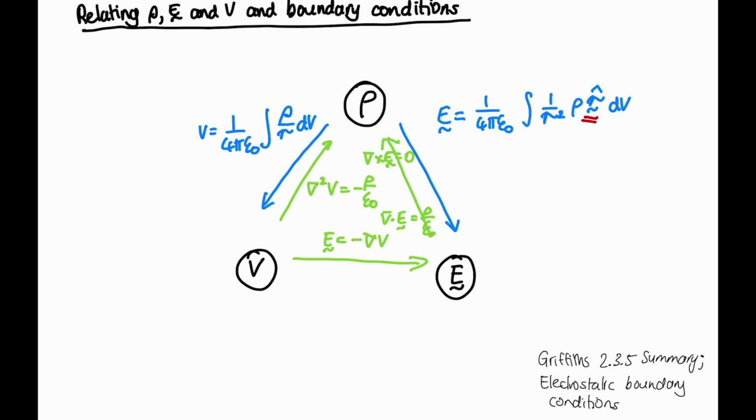And then if we want to get from the electric field to the voltage, that's a little bit more complicated because we need to do an integral, and it's equal to the integral of the electric field over the path. So that would be how we'd calculate the voltage in that case.